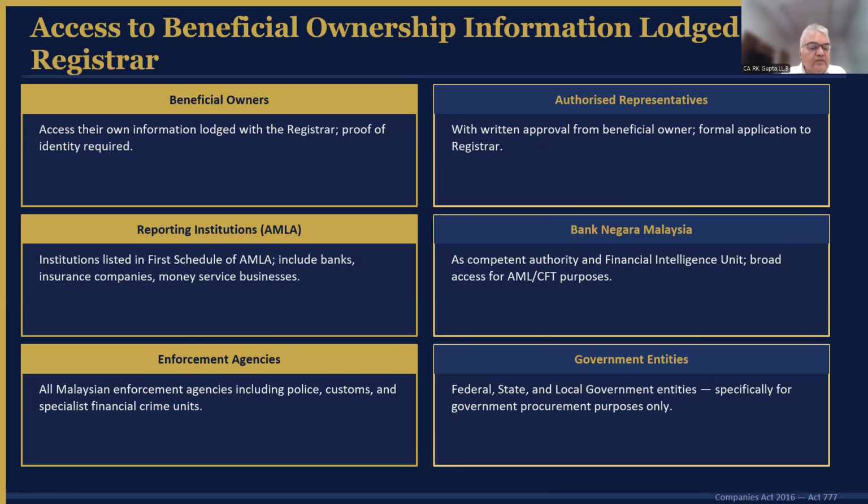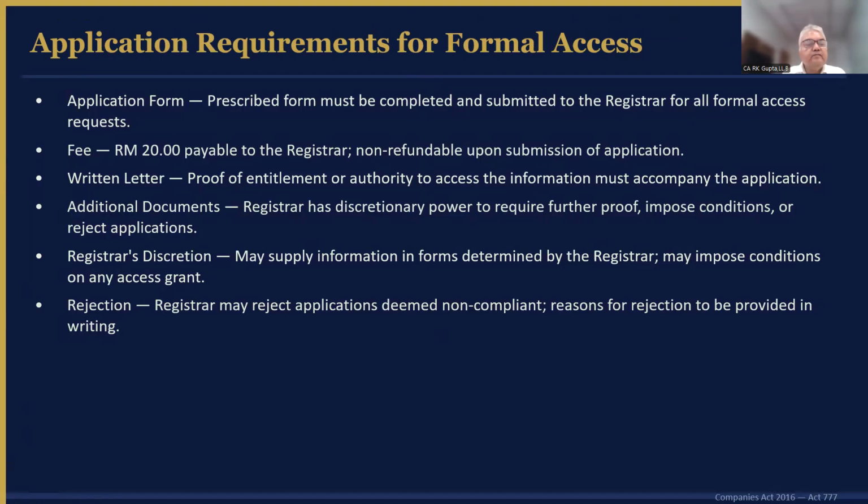Enforcement agencies: all Malaysian enforcement agencies, including police, customs, and specialist financial crime units. Government entities, which include federal, state, and local government entities, have access specifically for government procurement purposes only.